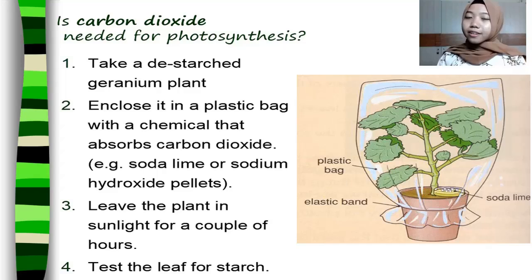Second, enclose it in a plastic bag with a chemical that absorbs carbon dioxide. Example is soda lime or sodium hydroxide pellets. The third step is leave the plant in sunlight for a couple of hours. The last is test the leaf for starch.